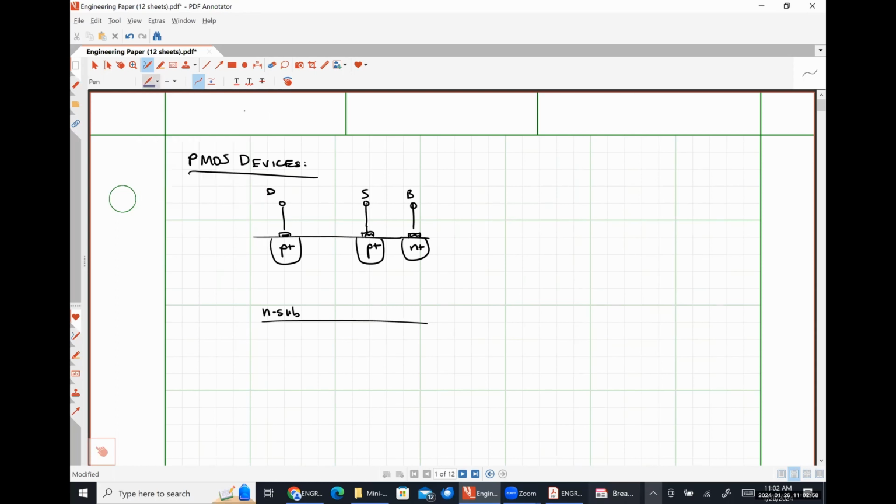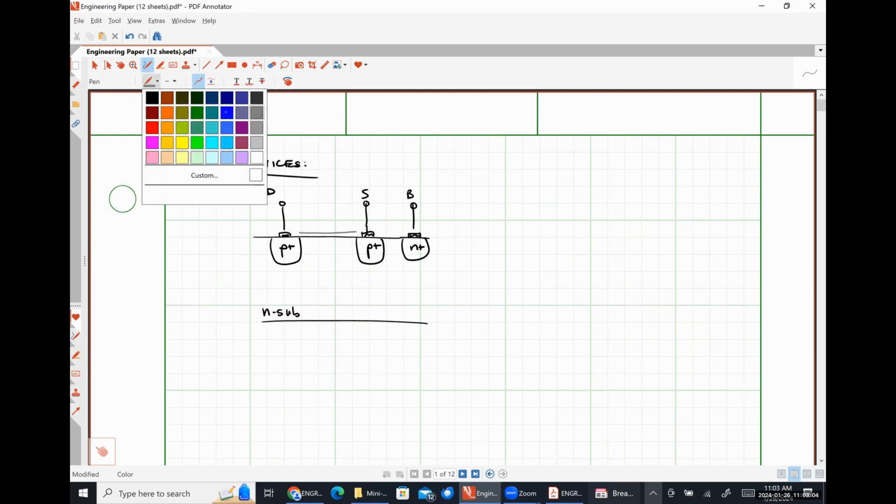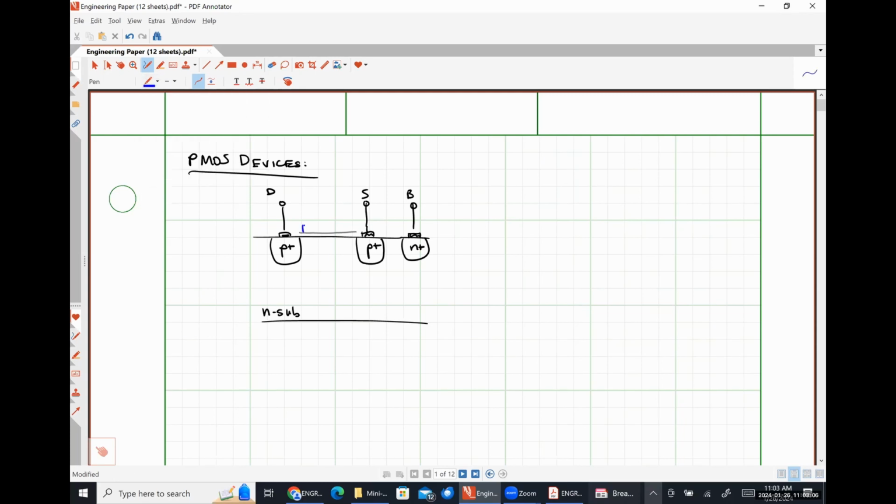Then we have our oxide layer, on top of which we have, and here is our gate terminal.